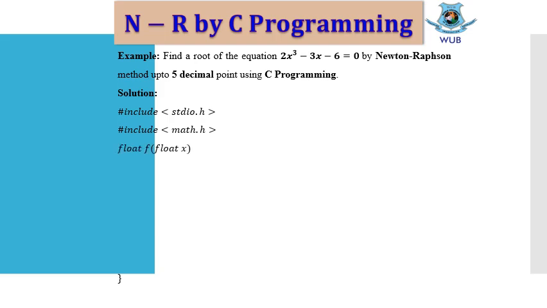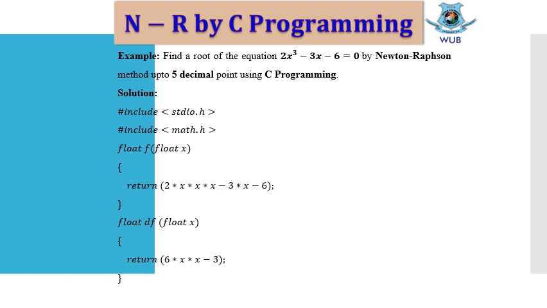Now go to our next step, which is a float function that returns a float value, the value of the equation, 2x cubed minus 3x minus 6, and I enclose it in a function so that we can calculate the value easily. Now another float function holds the first differentiation of this equation, which is 6x squared minus 3, and I had already discussed this in the theory session.